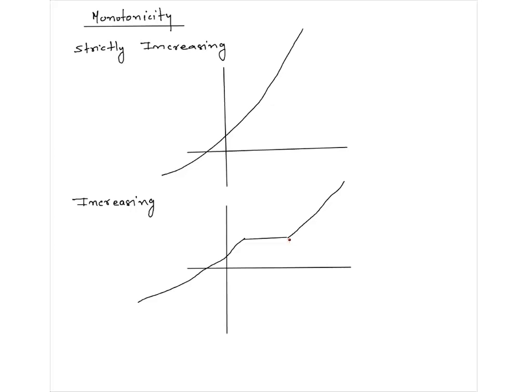So whether it is increasing or strictly increasing, it can never fall. In case of increasing, it can stagnate, it can take rest. And in case of strictly increasing, it can't even do that. It will have to run and run and run only.